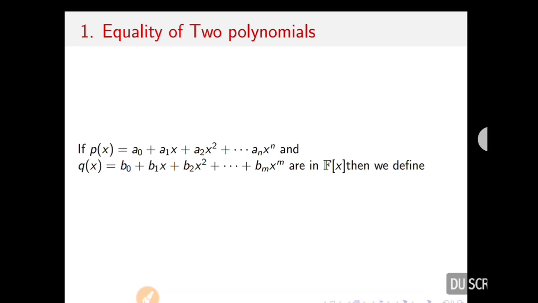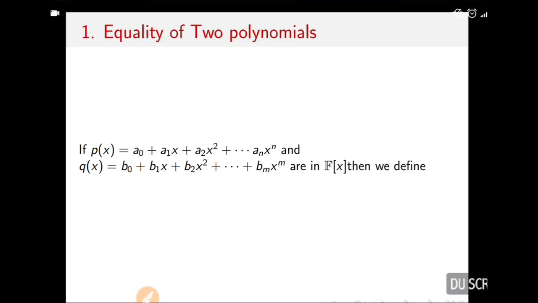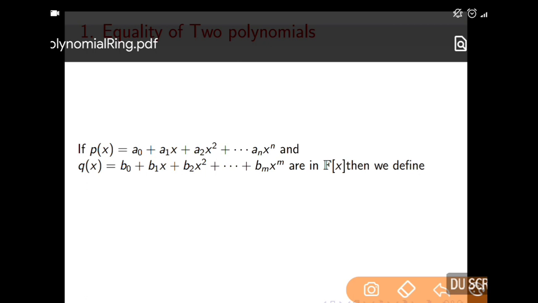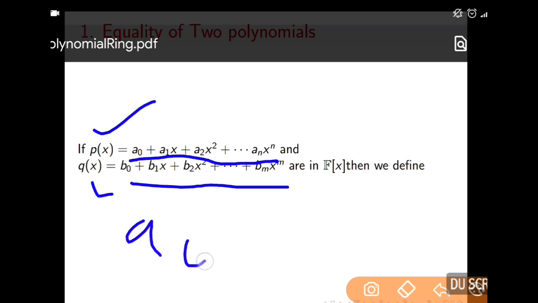Now as far as equality is concerned, this p(x) and q(x) are said to be equal. This is the p(x) given and this is the q(x) given. These two are equal if and only if the coefficients match: ai must be equal to bi, meaning a0 equals b0, a1 equals b1, a2 equals b2, and so on, an equals bn.